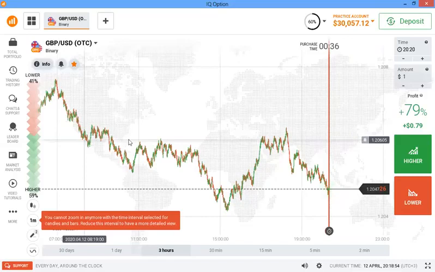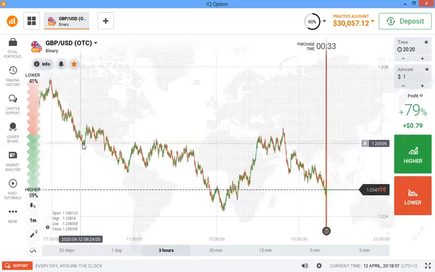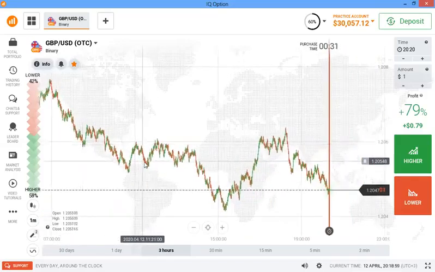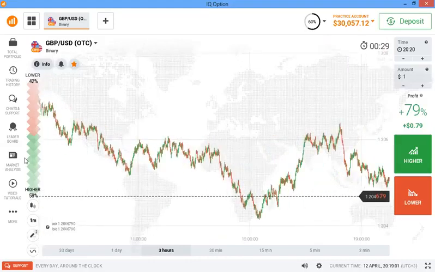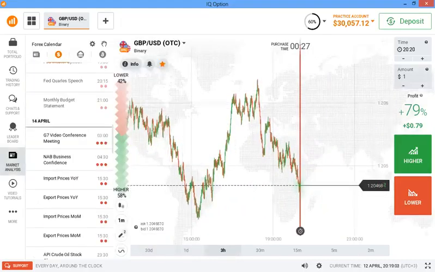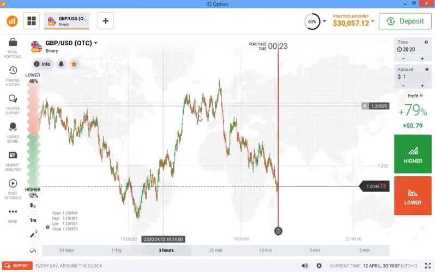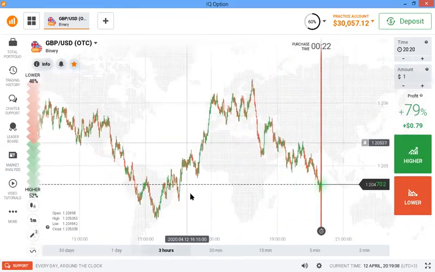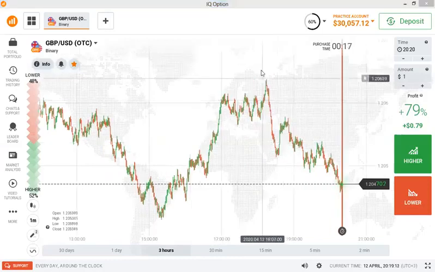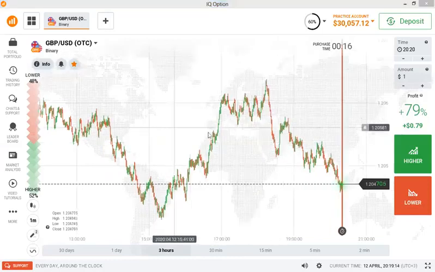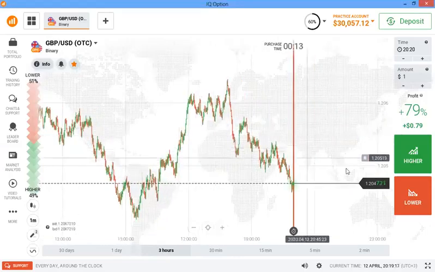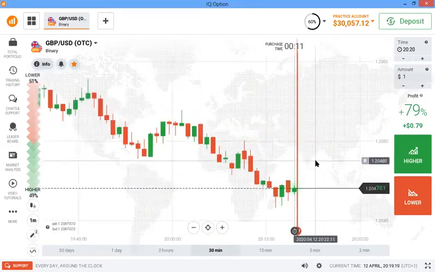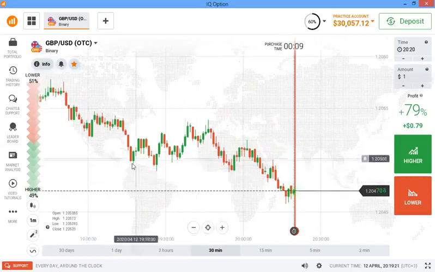So if I want to draw my support and resistance area, the first thing I do is, if I want to draw an area here, I can see here that, okay, let me make examples of this.